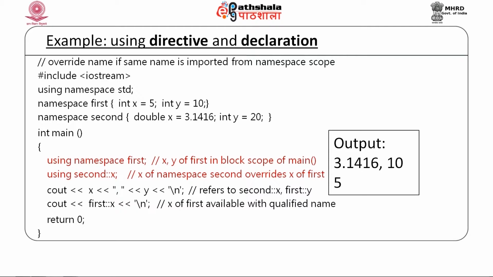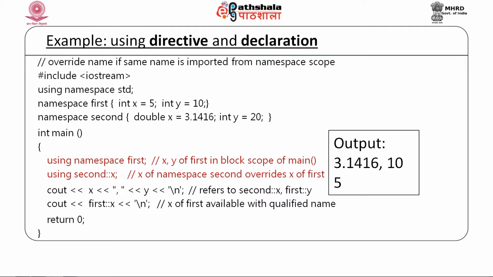So, first x will not be available directly without the qualified name, whereas first y will be available even without the qualified name. So, when we say cout x and y, it will refer to x of second and y of first.